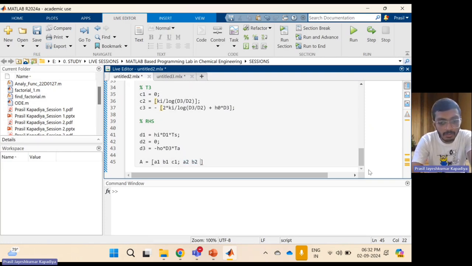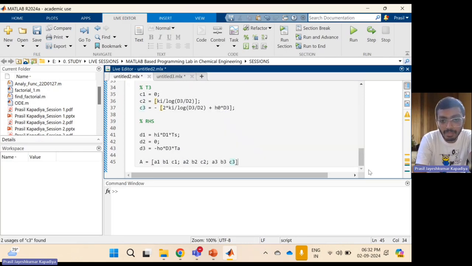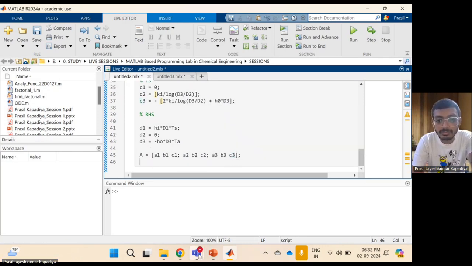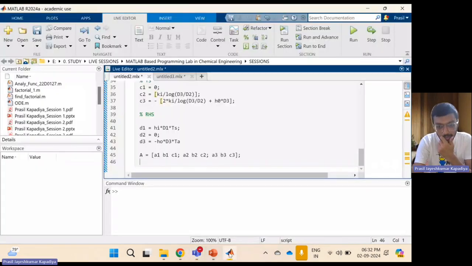A2, B2, C2. And similarly for third equation, it is A3, B3, C3. This is my A matrix. Now for B matrix, my coefficient is D1 in first row, for second row it is D2, and for third row it is D3. Okay.